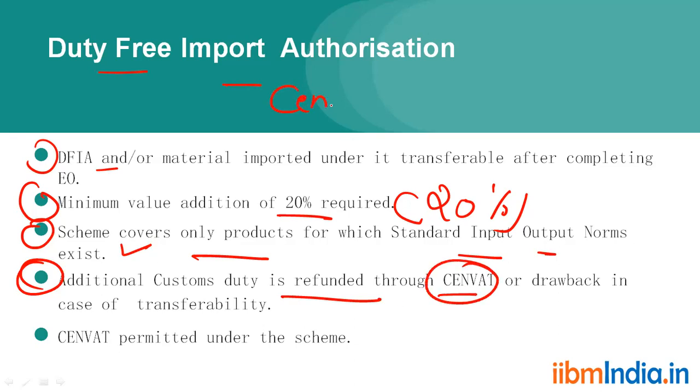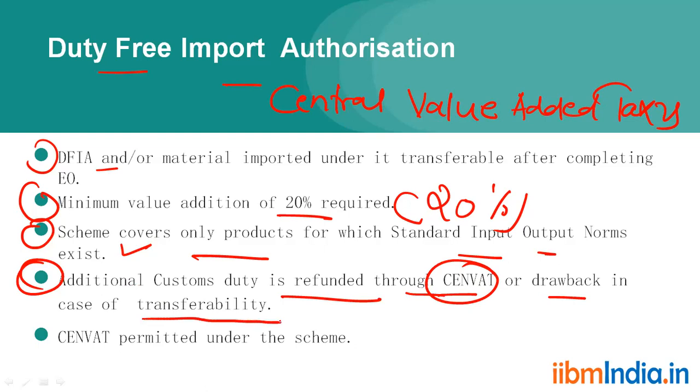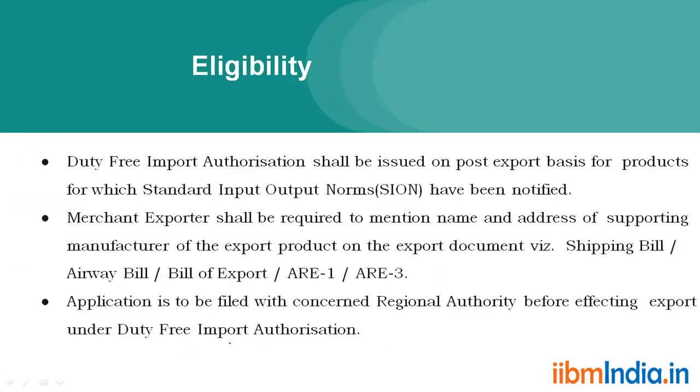CENVAT, also called MODVAT, Modified Value Added Tax. The additional custom duty is refunded through CENVAT or drawback in case of transferability from one place to another. CENVAT is permitted under the scheme. Now all these things have been abolished since GST came into existence.